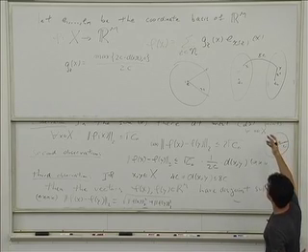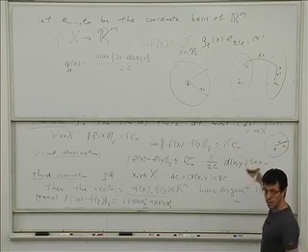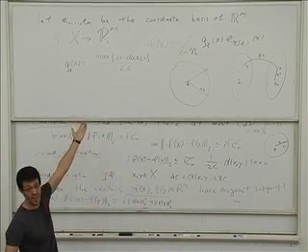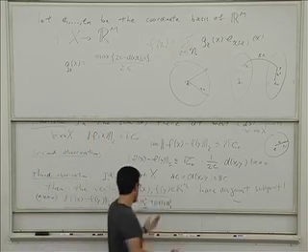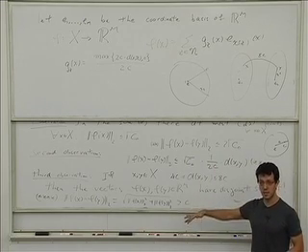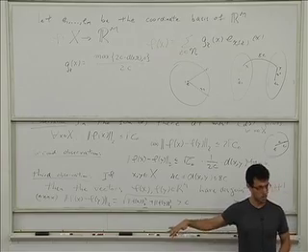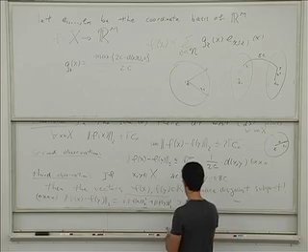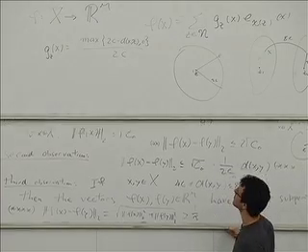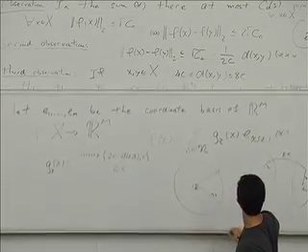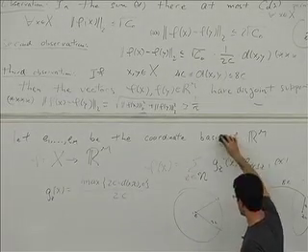I erased it, but this was a c-net. So there is one coordinate in which g sub z is at least a half. So when I do this, clearly this is at least some universal constant. It's at least 1 over root 2. Doesn't matter. That's all we need from this.